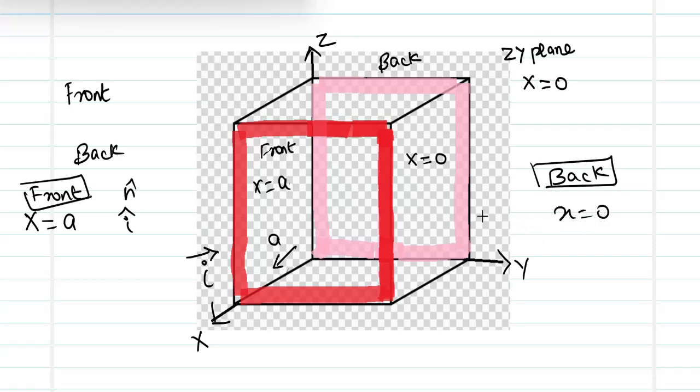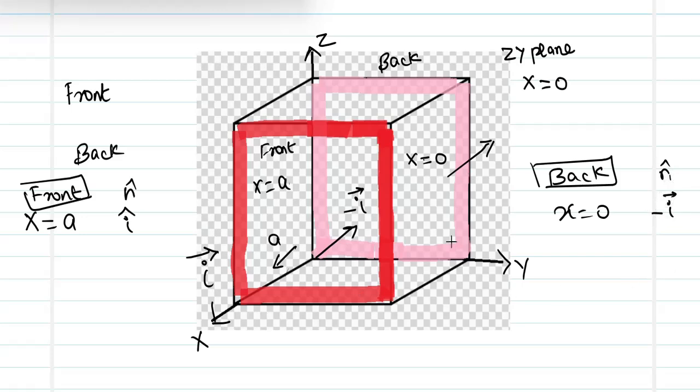So what will be the unit outward drawn normal for the back? The unit normal in the direction of x is moving towards you, and the outward drawn normal will move in the opposite direction, that is in this way. So this vector is going to be denoted by minus i vector. So for the back face x equal to 0, my unit outward drawn normal will be minus i vector.